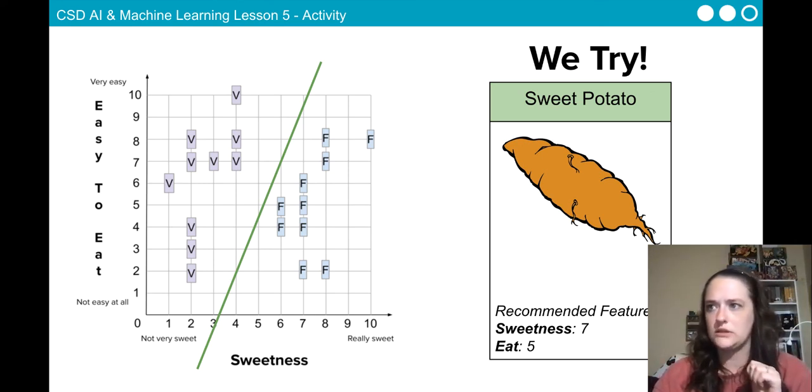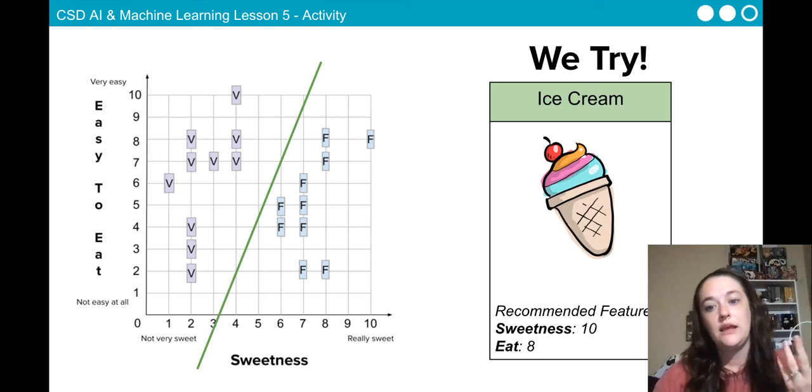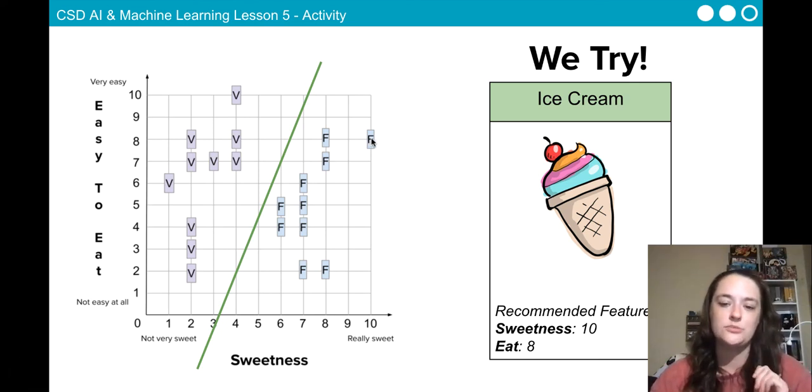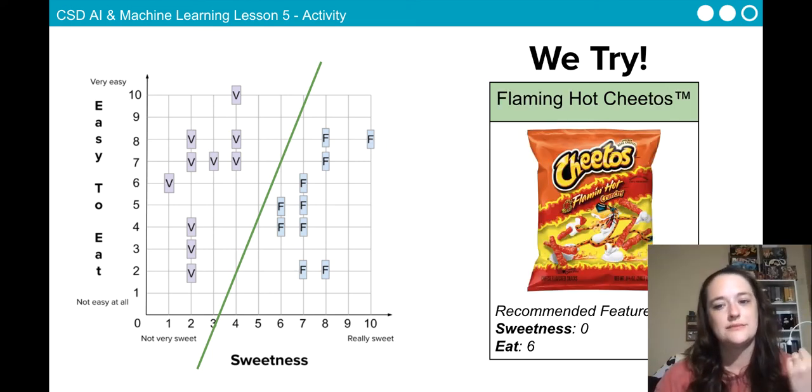Okay, so let's see what's next. Ice cream. Sweetness, 10. Ease of eating, 8. Probably because if you eat it too fast, you'll get a brain freeze. Okay. Ice cream is a fruit. Perfect. What about some Flamin' Hot Cheetos?